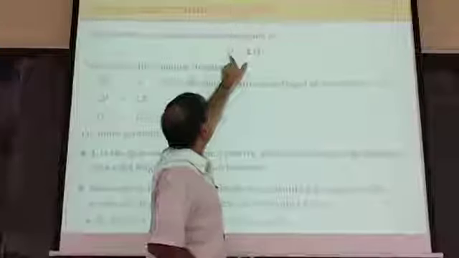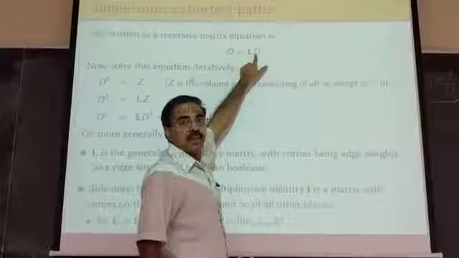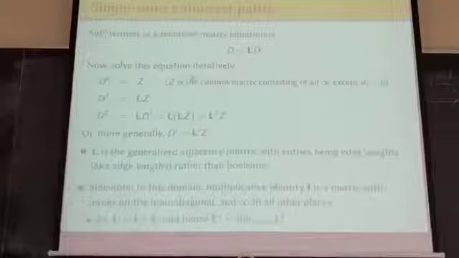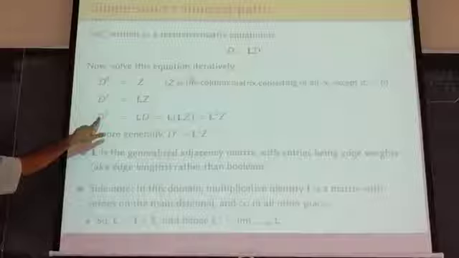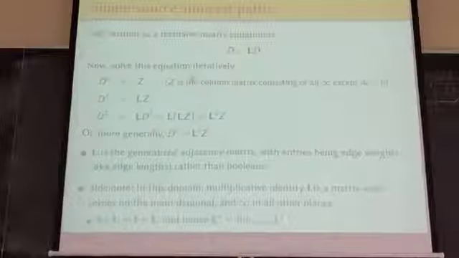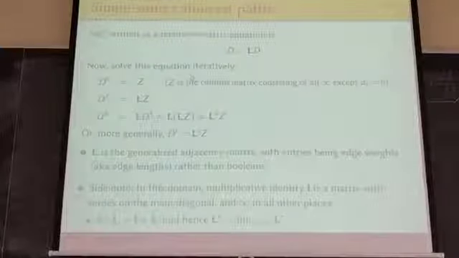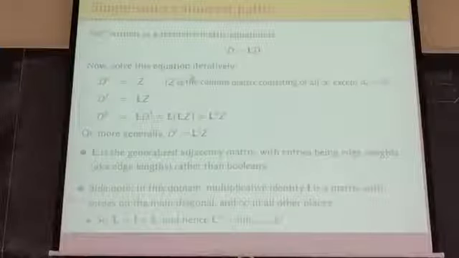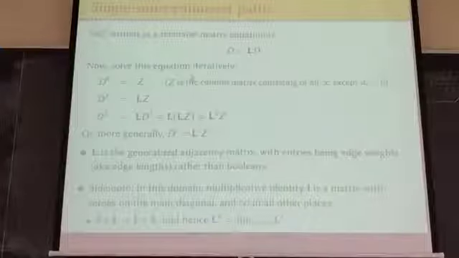So D1 equals L times D0, and D0 being Z, D1 is L times Z. Now, if you do D2, D2 is going to be L times D1.